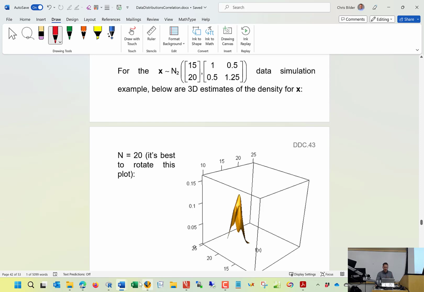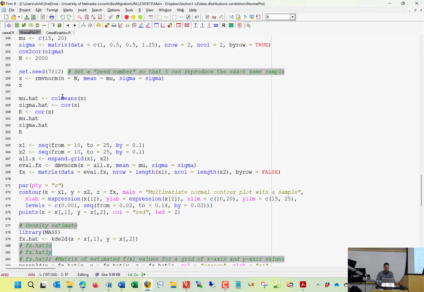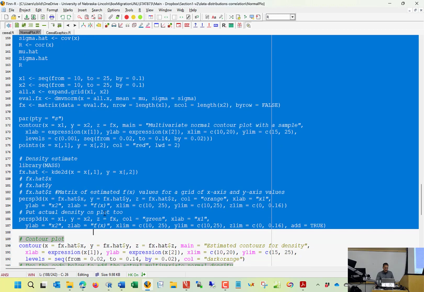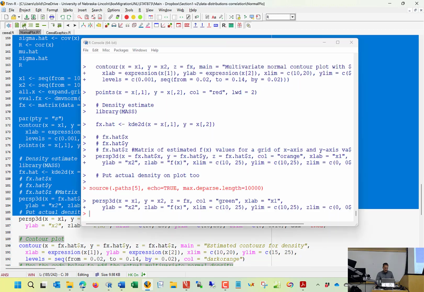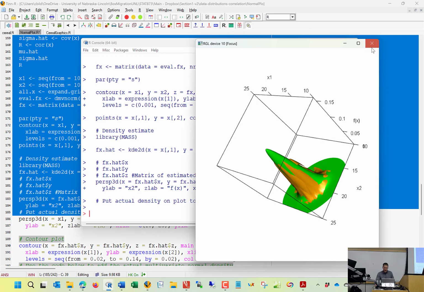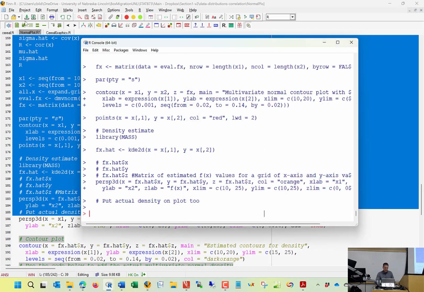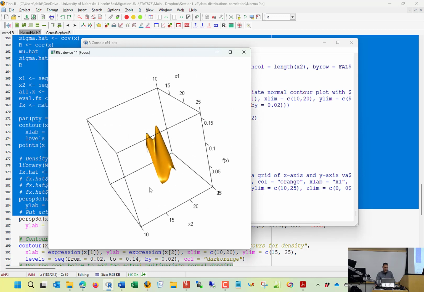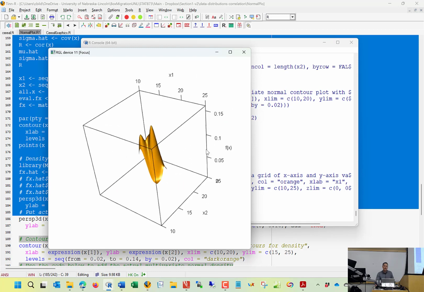And let's actually just run that. A sample size of 20 actually makes it still difficult to make a judgment. Oops, close that out. It makes it difficult to make a judgment of multivariate normality. I mean, look at this. I have two peaks to it.